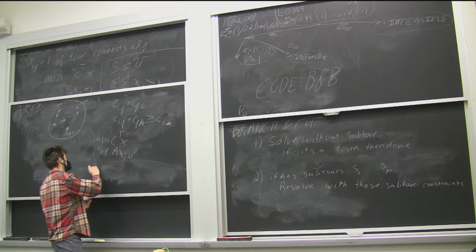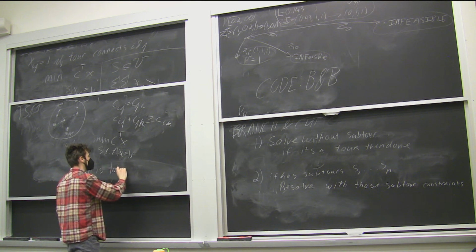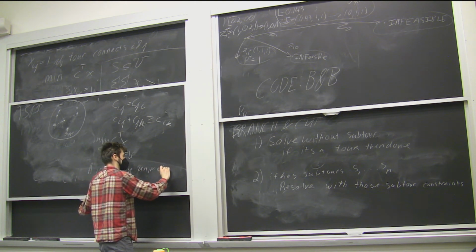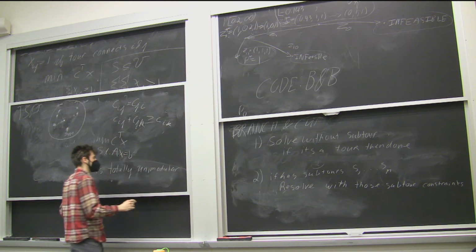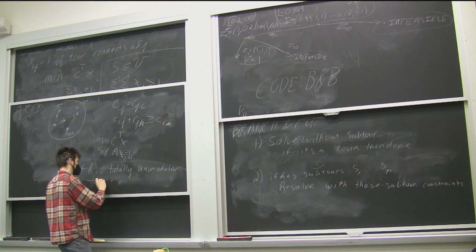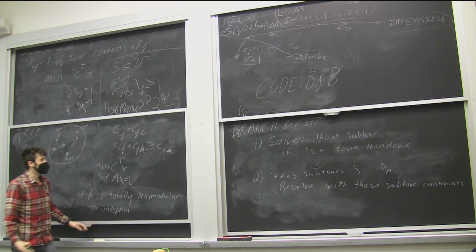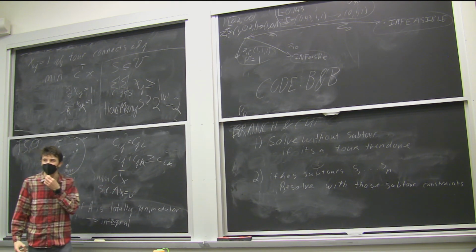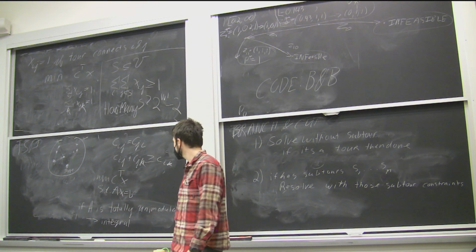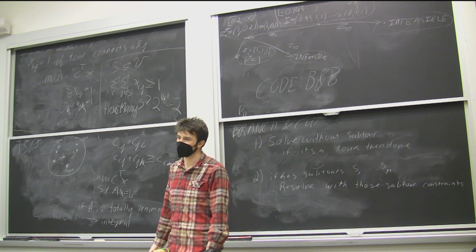And in fact, if A has a property called totally unimodular, then you have an integral solution. Again, under the caveat that A, b, and c are all rational. But that's probably the biggest class I can think of offhand where a relaxation is tight.